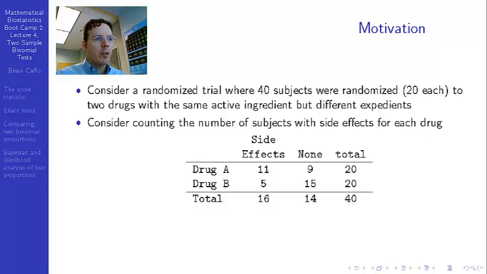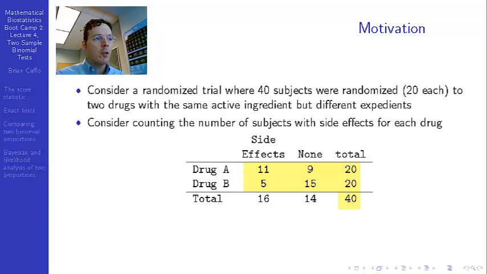So consider counting the number of side effects for each drug among the 40 people. Here we have a table where there are 40 total people, 20 in drug A, 20 in drug B. So this margin is fixed, 20 and 20. And then 11 from drug A had side effects, and 9 didn't, and 5 from drug B had side effects, and 15 didn't.